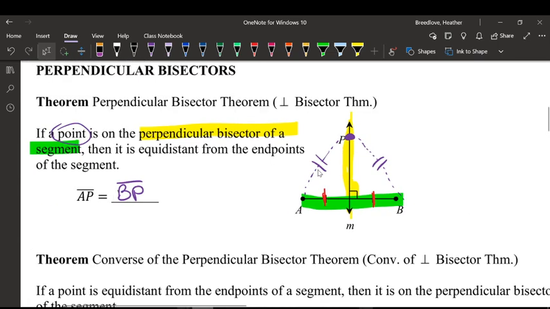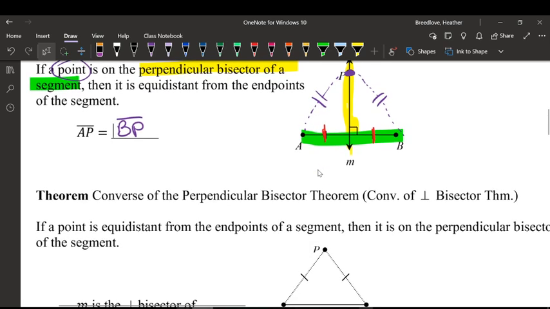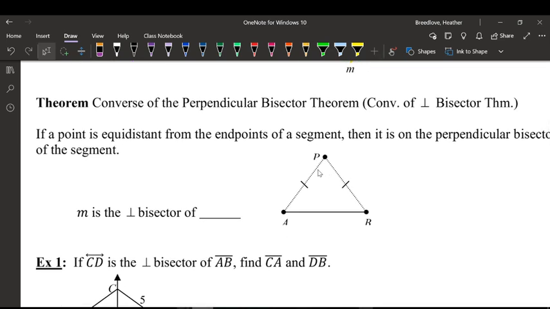And then the converse, I know every time we do a theorem, we do its converse. It just means the same thing in the opposite order. So this is saying that if a point is equidistant from the endpoints of a segment, so here's the point P again, and it's equidistant from the endpoints A and B, so this side is the same as this side, then we can conclude that it is also on the perpendicular bisector, even though it's not drawn.